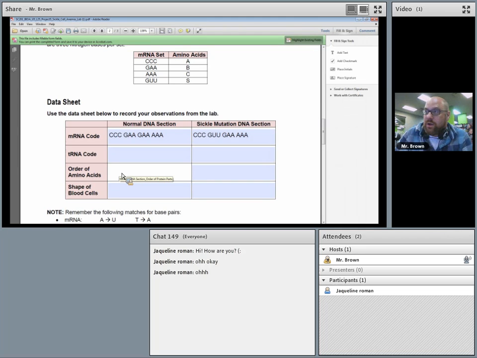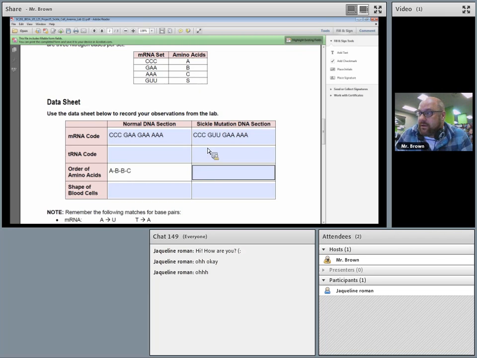All right, so CCC gives you amino acid A. GAA gives you amino acid B. Oh, GAA again also gives you amino acid B. AAA gives you amino acid C.